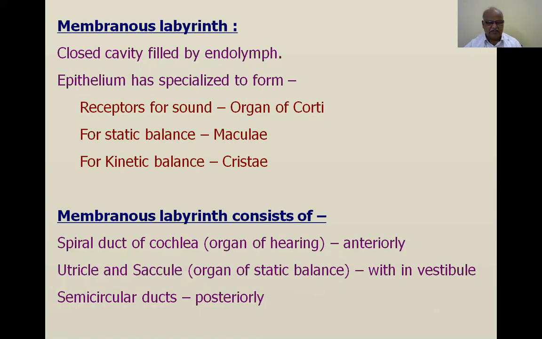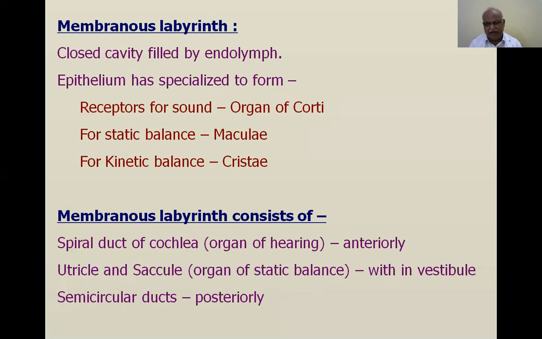The epithelium of the membranous labyrinth has specialized to form receptors: for sound, the organ of Corti; for static balance, the macula; for kinetic balance, the crista. So these three types of epithelium are specialized. The membranous labyrinth is a closed cavity and contains endolymph.